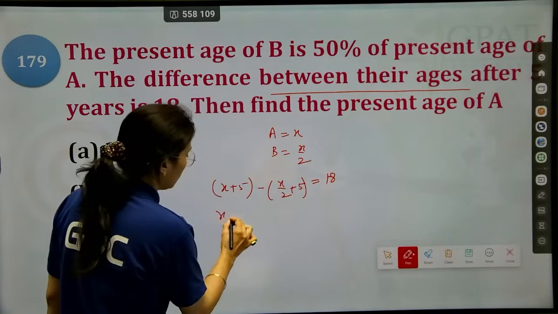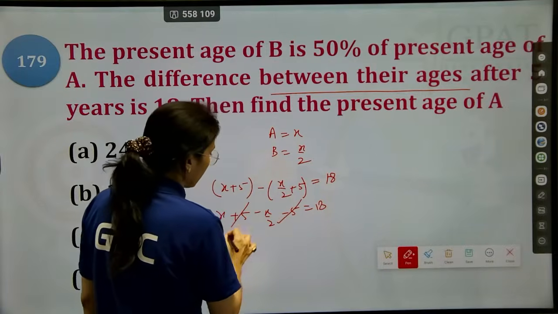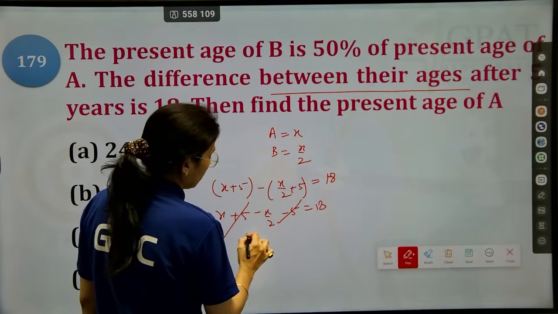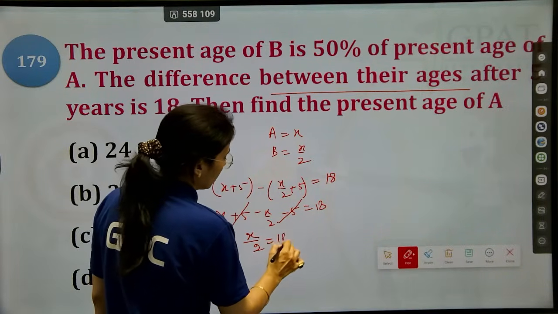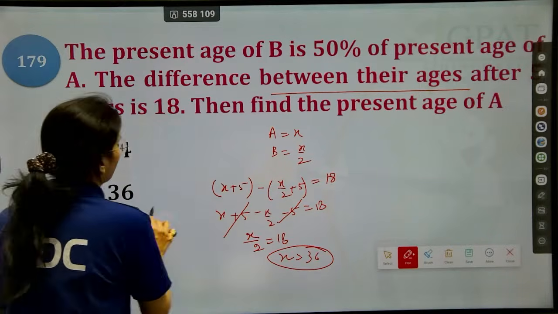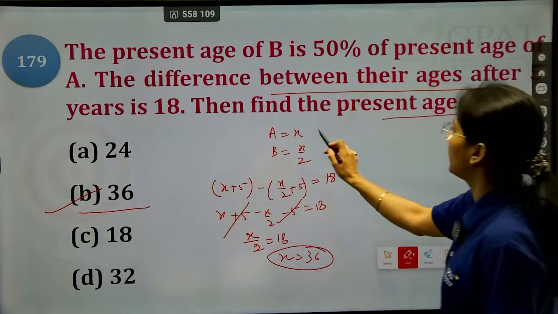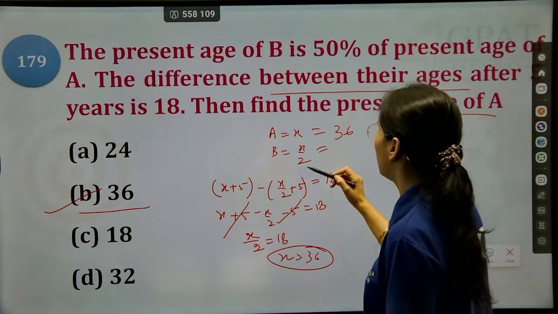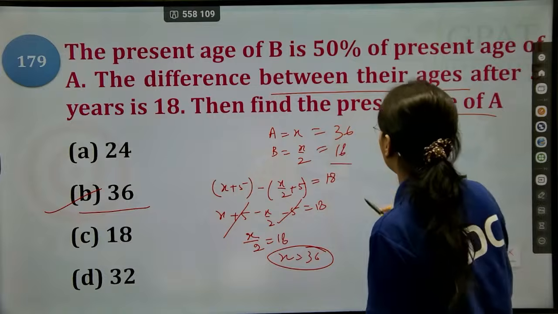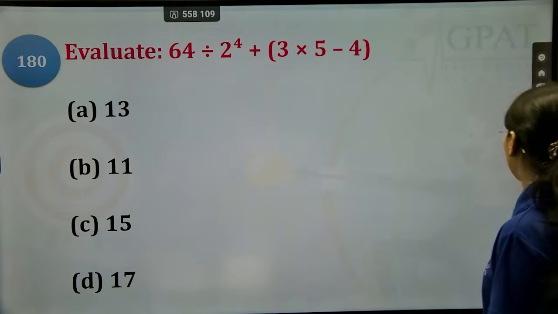So x by 2 is equal to 18, so x is 36 years. The answer is B, 36 years. So A's age is 36 and B's age is 18 years.